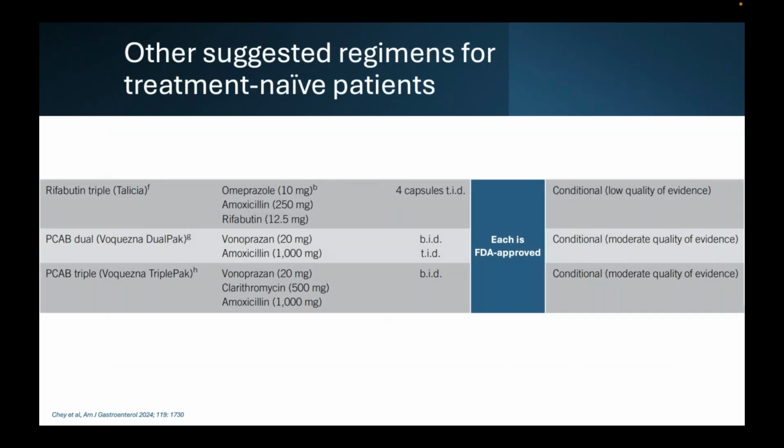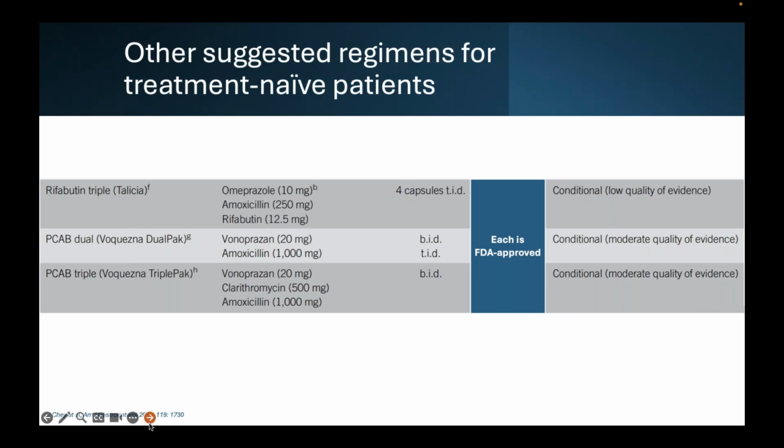Here are 3 other suggested regimens for treatment-naive patients as per the recently updated ACG guideline. One is a proprietary preparation known as Talicia, which is a triple combination of omeprazole, amoxicillin, and rifabutin. That was given a conditional recommendation with relatively low quality of evidence.